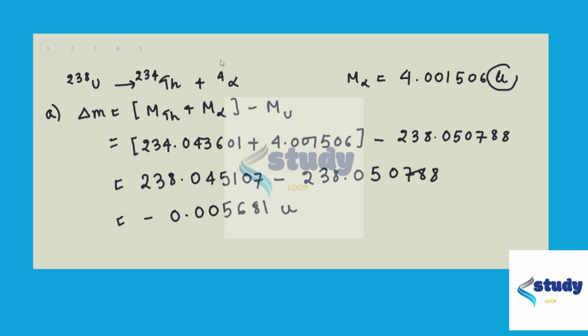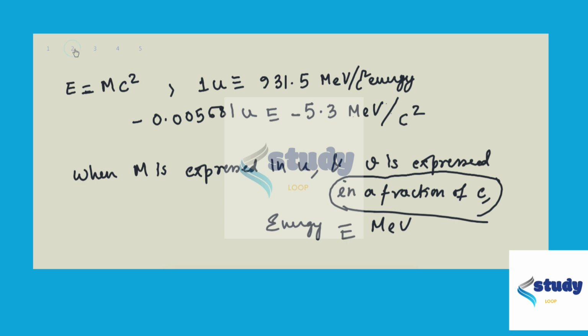So you subtract the total mass on the right from the total mass on the left, and you are left with a negative value of some atomic mass. Now to find the energy, you use Einstein's relation E equals mc squared, which says that every U of atomic mass when destroyed gives rise to this much energy. So we have this much of it, and that will be our answer. 5.3 MeV of energy has been produced in this reaction.